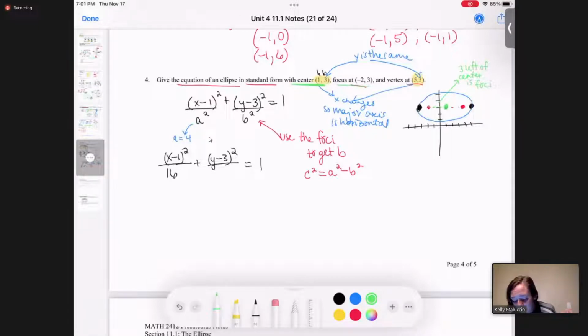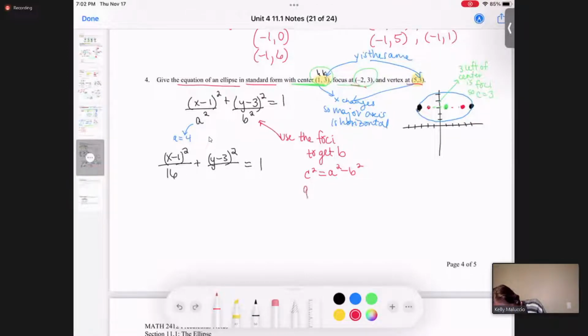That means c is 3. There might be other ways to calculate that: I'm using the graph, but you could use the points as well and see how much the x coordinates change, because our major axis is horizontal. If it was vertical, it'd be the change in y coordinates. So c is 3, so c squared is 9.